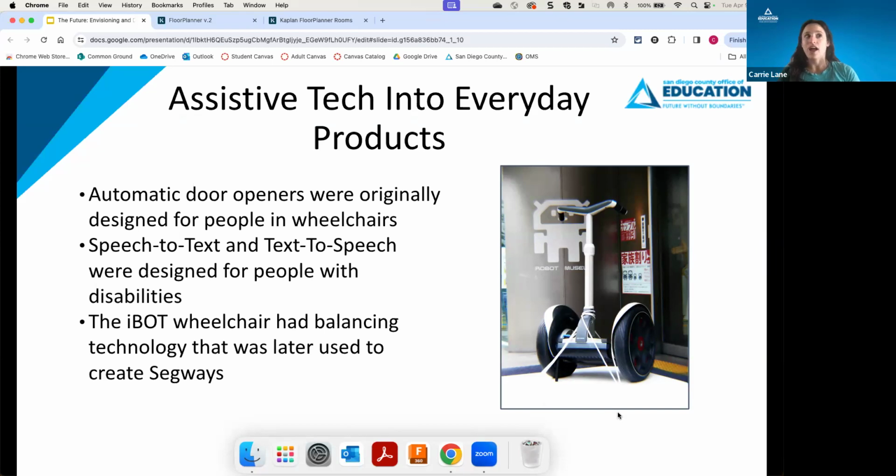Maybe if we're cooking dinner and we want to be able to type out a message to someone, we say, "Hey Siri," and we have it type for us. So again, all these things that are really frequent in our everyday products. Also door openers. So anytime you have a door that's opening automatically, originally that was designed for people in wheelchairs.